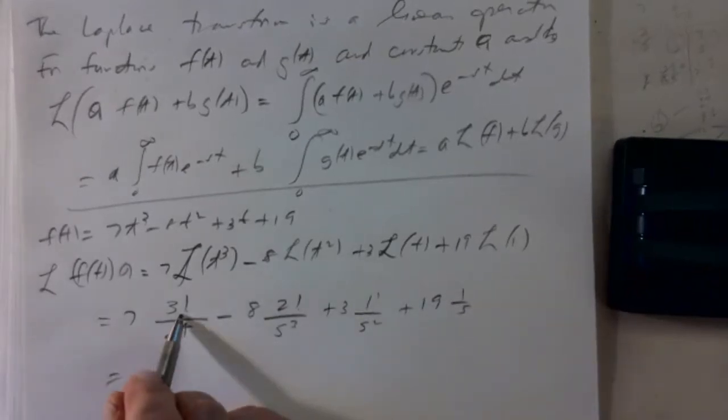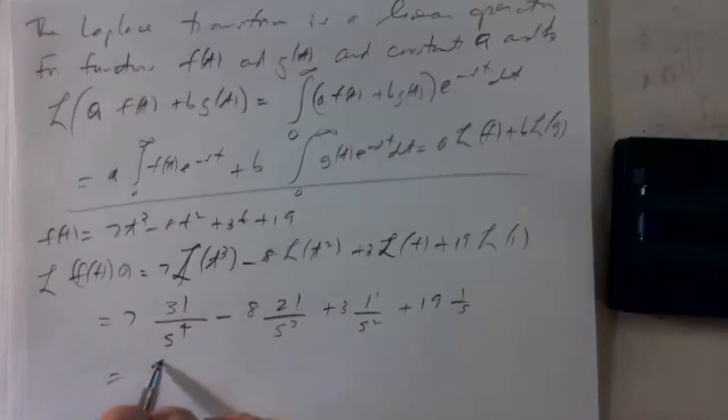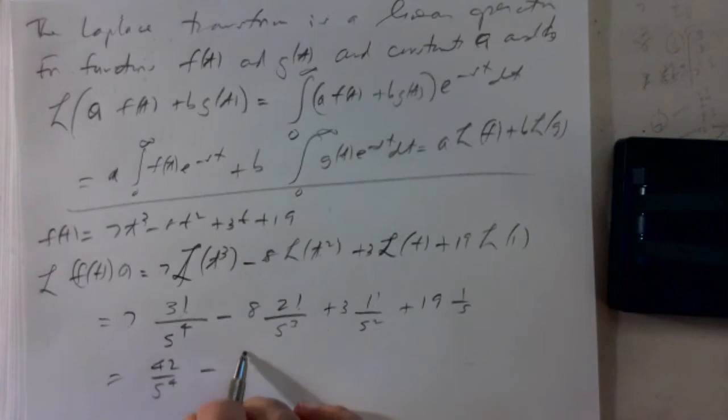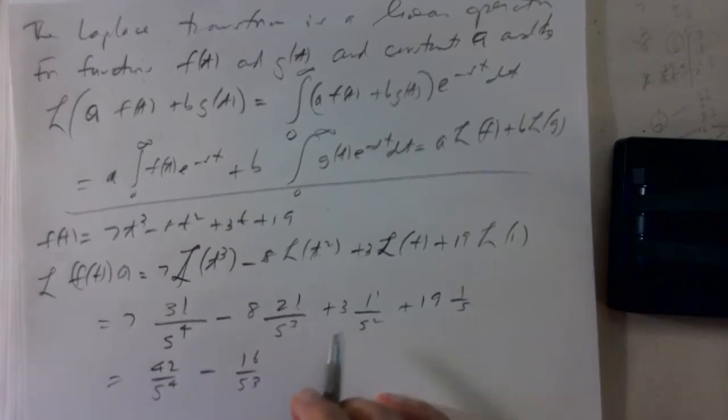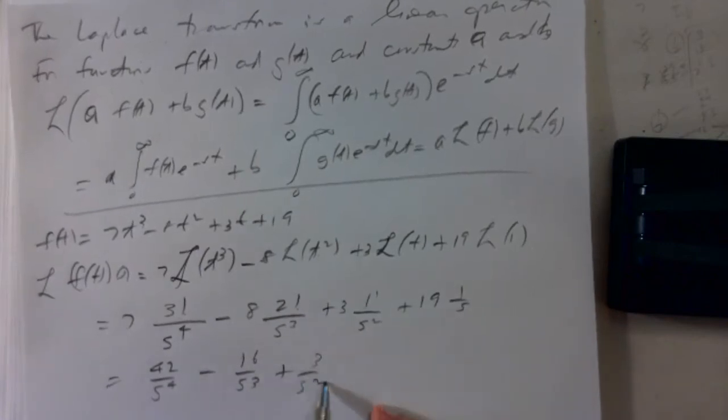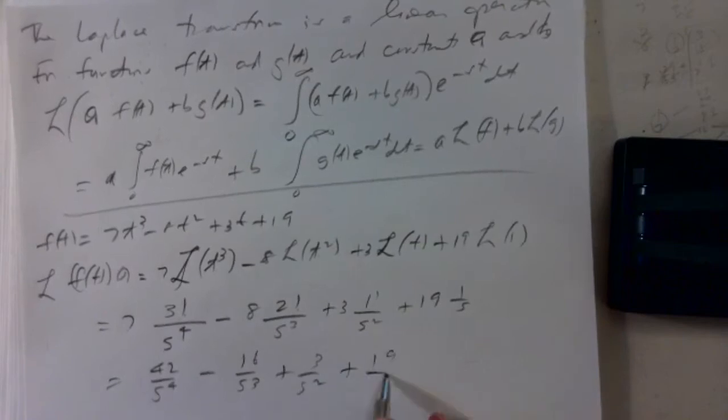3 factorial is 6 times 7 is 42 over s to the 4th. 8 times 2 is 16 over s cubed. 3 over s squared, 19 over s.